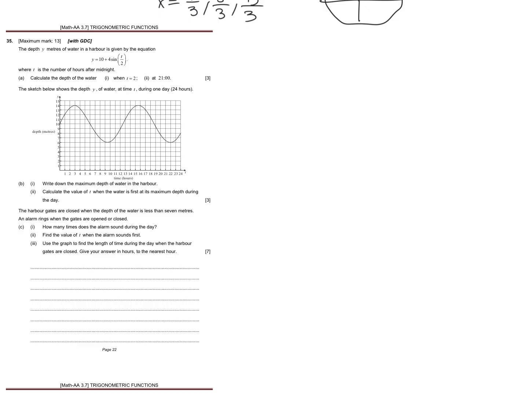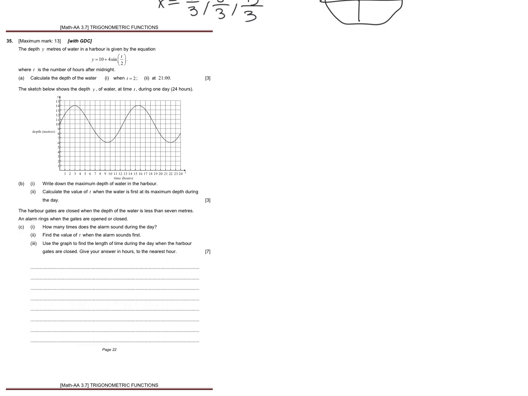All right, so 35, we've got this function, calculate the depth of the water when t is 2. So that's sine 1. Okay, so we have to use a calculator for this. You can either put this into the graphing calculator, or you can just do it on the regular calculator screen.